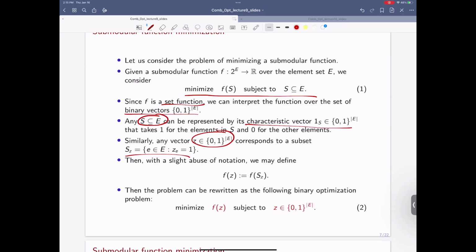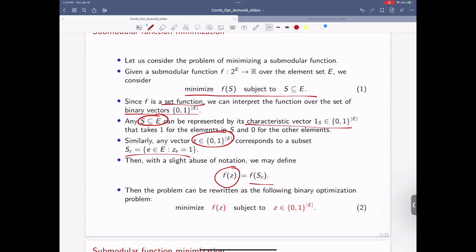In that sense, you can define a function over 0, 1 vectors based on the set functions. And you can do the converse way. When you have a function over 0, 1 vectors, you can define a set function.